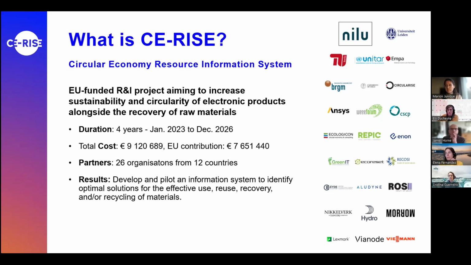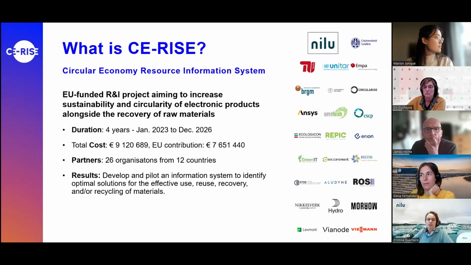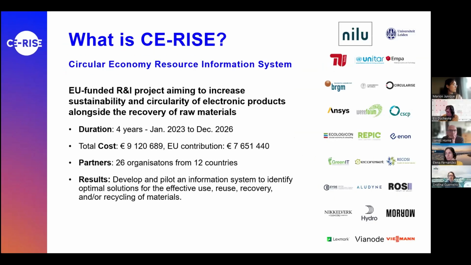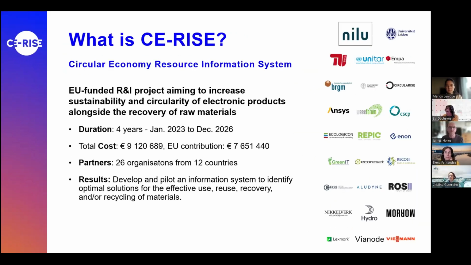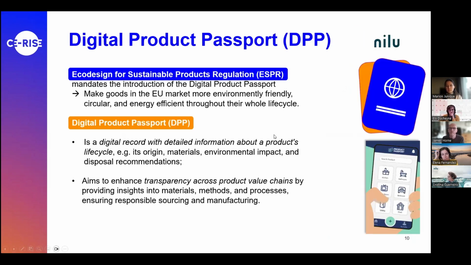The DiCE information system will be developed and evaluated through 5 case studies, which cover ICT products, printers, solar panels, batteries, and heat pumps, which also give a good representation of important value chains in this digital and energy transition that I mentioned. And the DiCE information system interfaces with digital product passports.